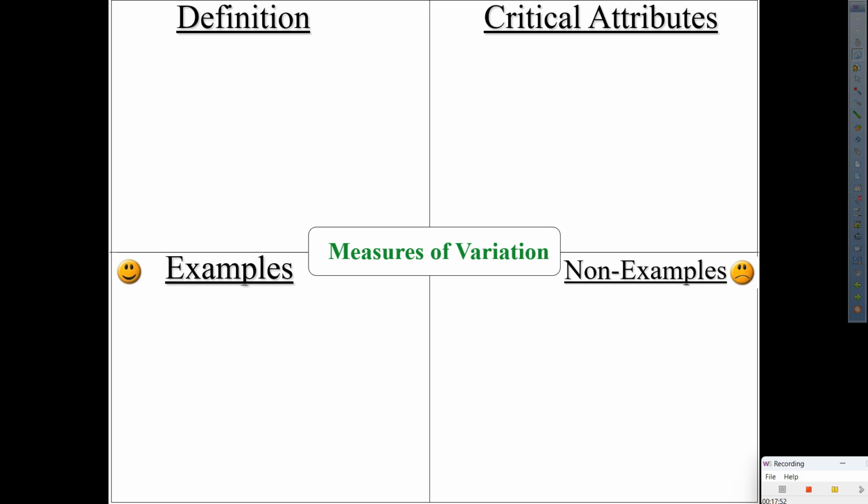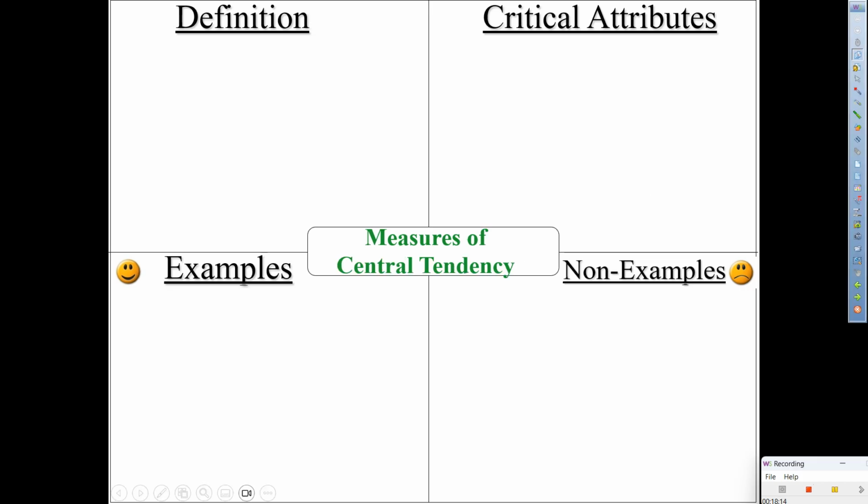All right, Martin, pass him one. Vanessa, what are measures of variation? Measures to find out how data varies in their spread. All right, not bad.